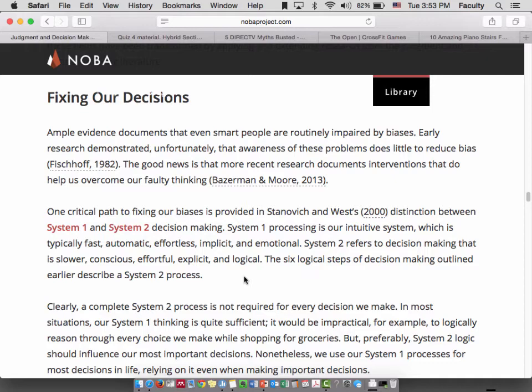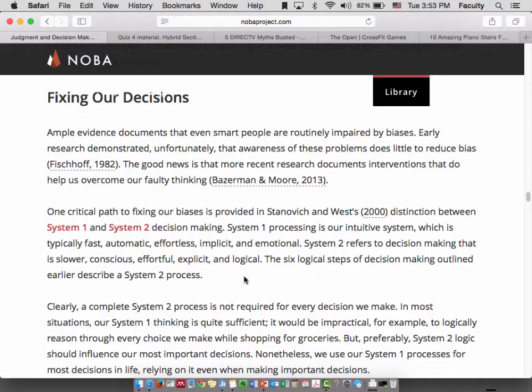This is when a judgment or a decision just pops into your head seemingly without any effort. System 2, on the other hand, is the slow, effortful, more logical form of decision making, the one that you should prefer to use for important decisions because it's much more likely to lead you to a solid decision, the correct answer, so to speak.